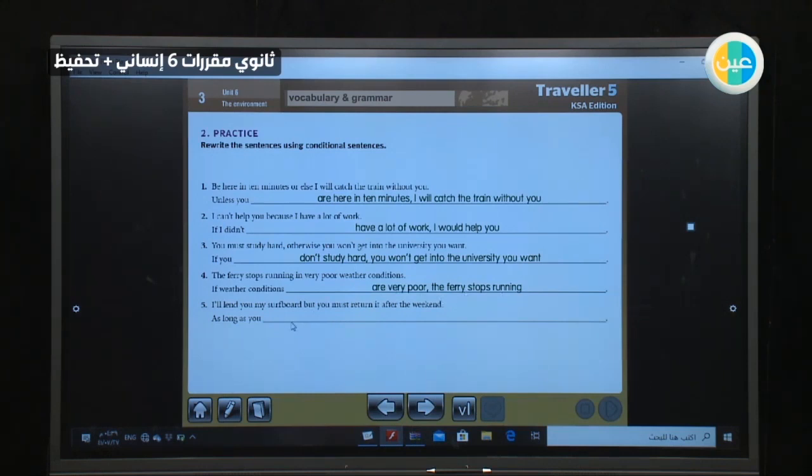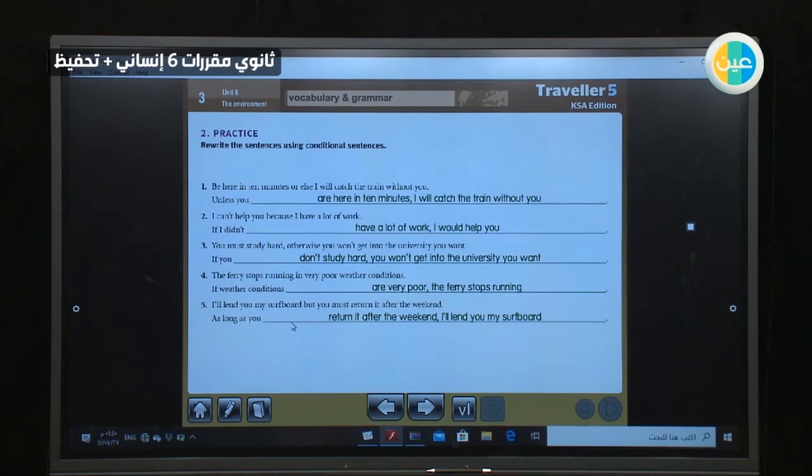I will lend you my surfboard, but you must return it after the weekend. So here it is a possible situation. As long as you return it after the weekend, I will lend you my surfboard.